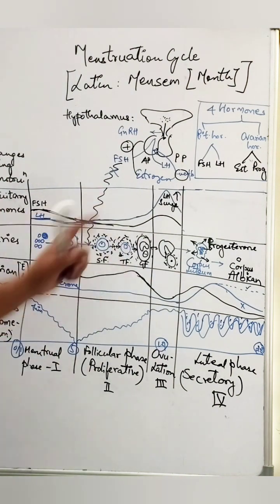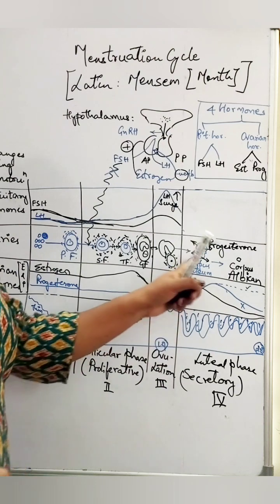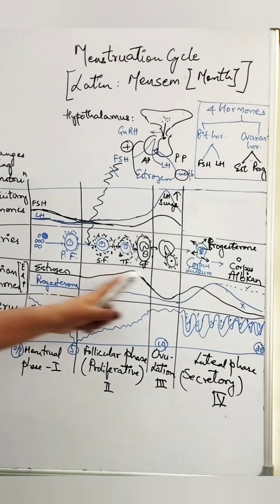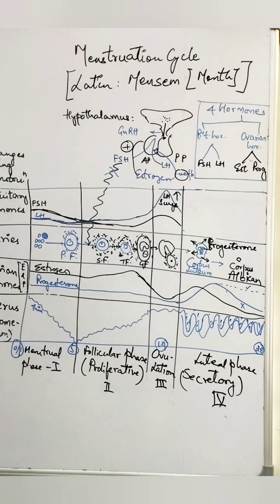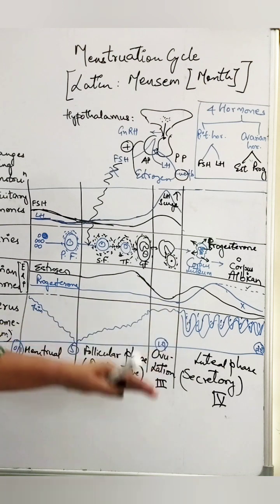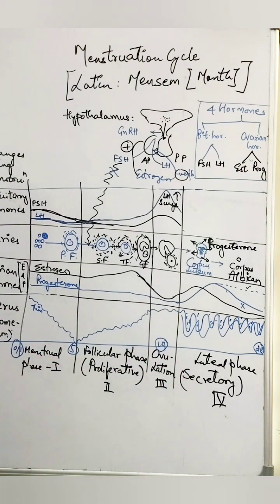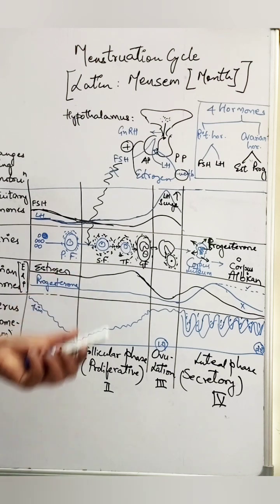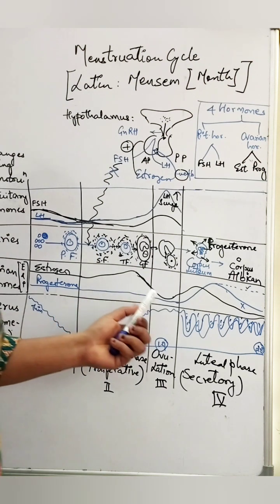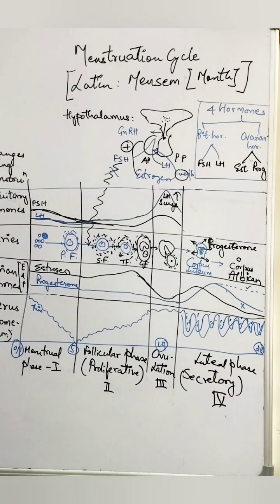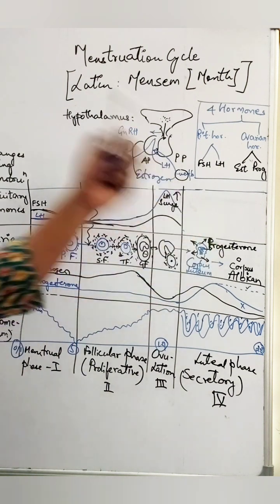One is in the follicular phase and the second one is by the corpus luteum. So we can see two peaks of estrogen. Whereas progesterone is almost stable, at low concentration in the blood till the ovulatory phase. But as soon as corpus luteum formation begins, or the Graafian follicle converts into corpus luteum, you will see a sudden rise in progesterone because the corpus luteum secretes progesterone.